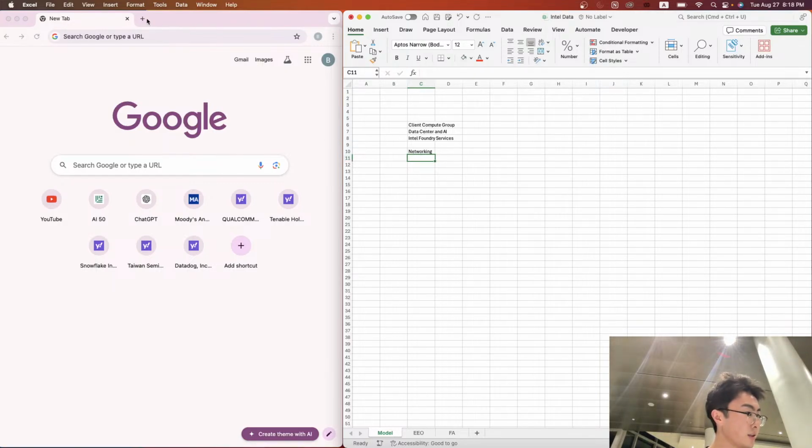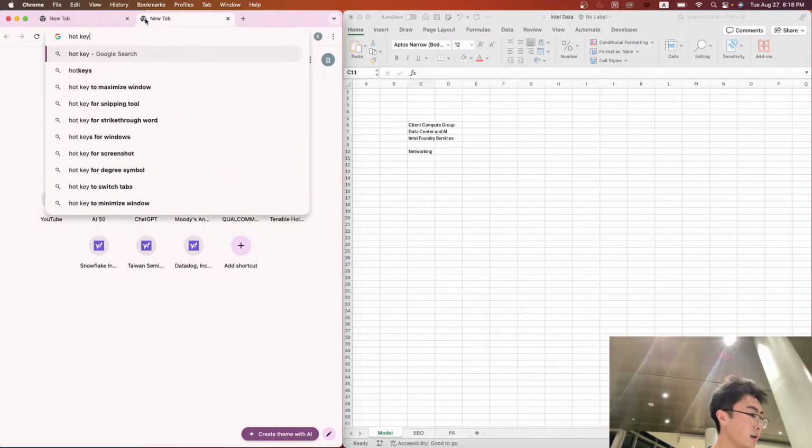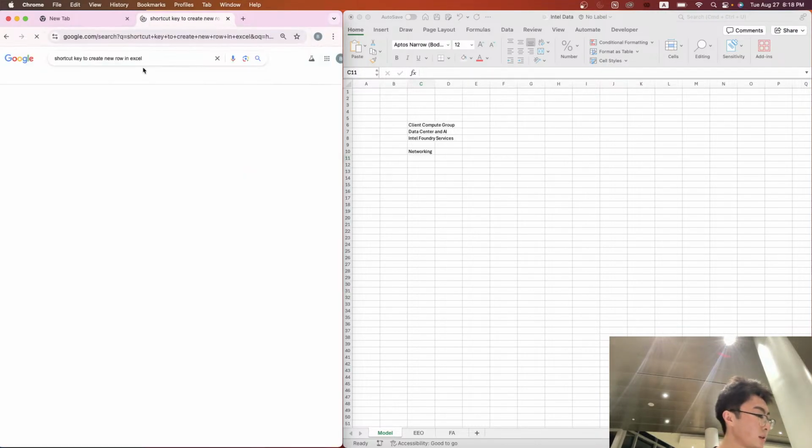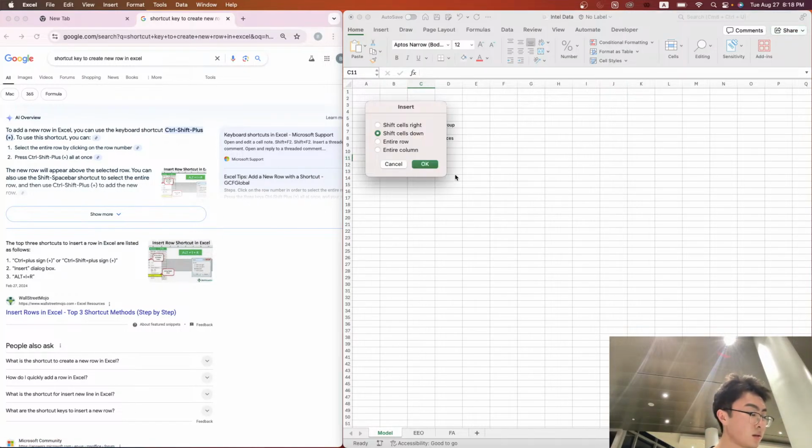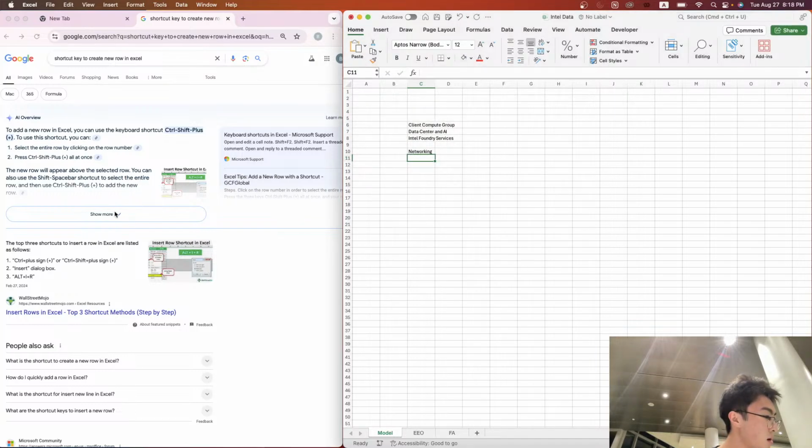I wonder, is there a hotkey for making a new row in Excel? Control Shift Plus. Control plus sign.